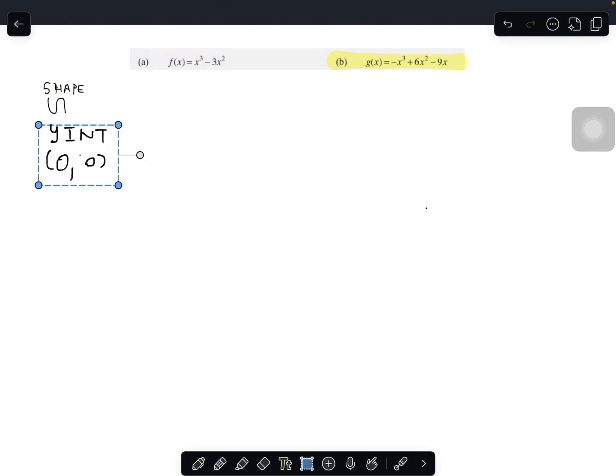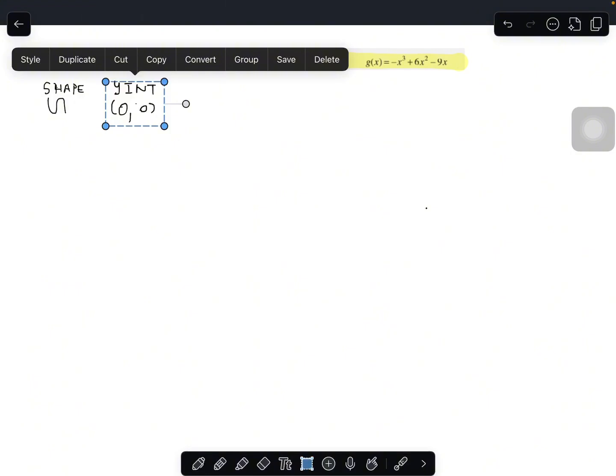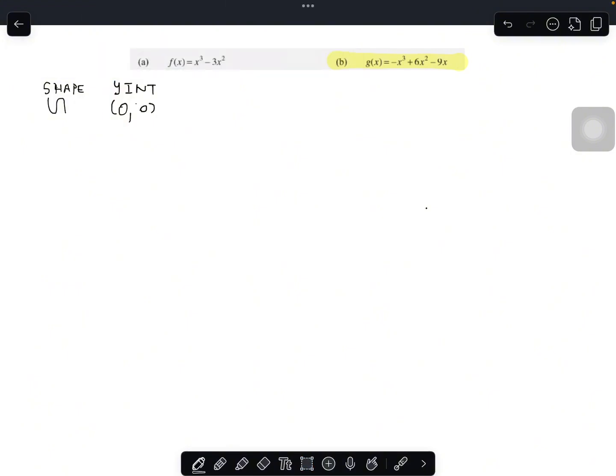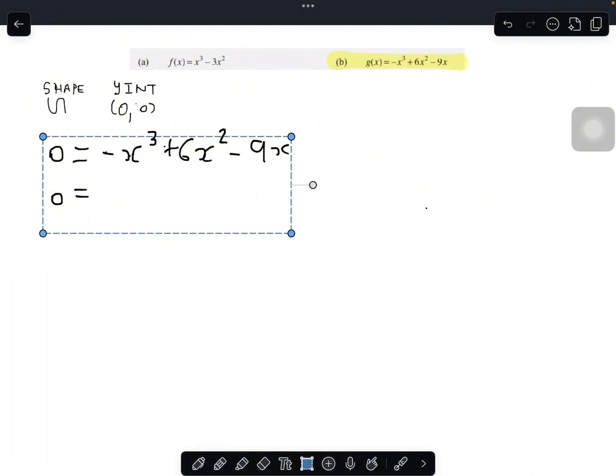The next thing I'm going to look at is my x-intercept, where I let y equal 0. So I'm going to say 0 equals negative x to the power 3 plus 6x squared minus 9x. And I can take a common factor here out as x.